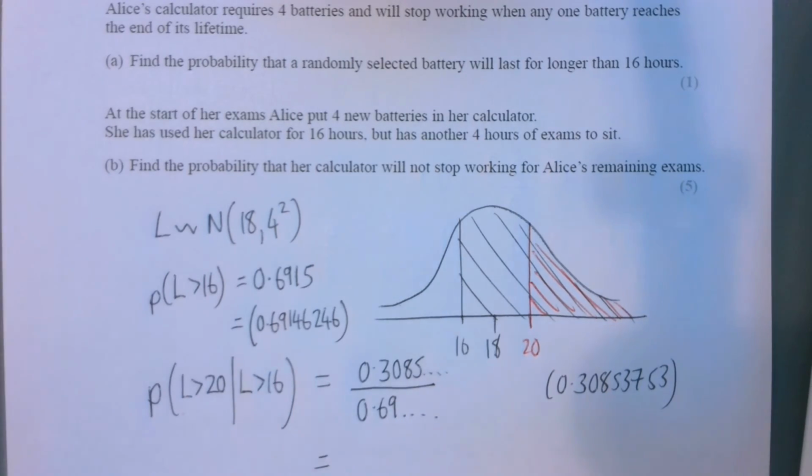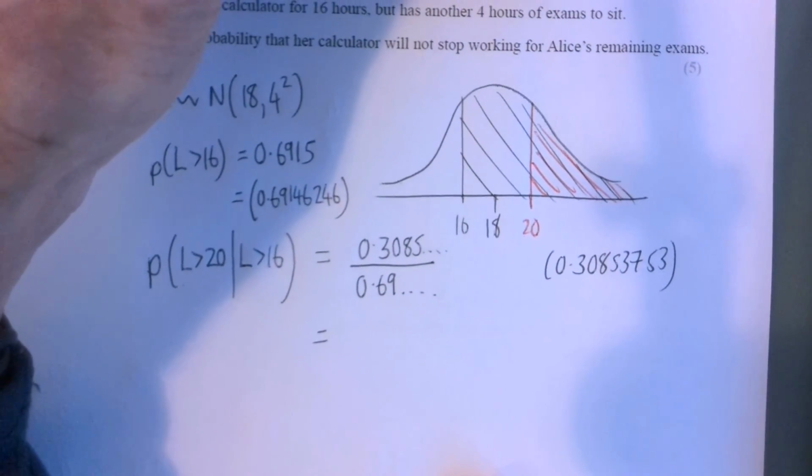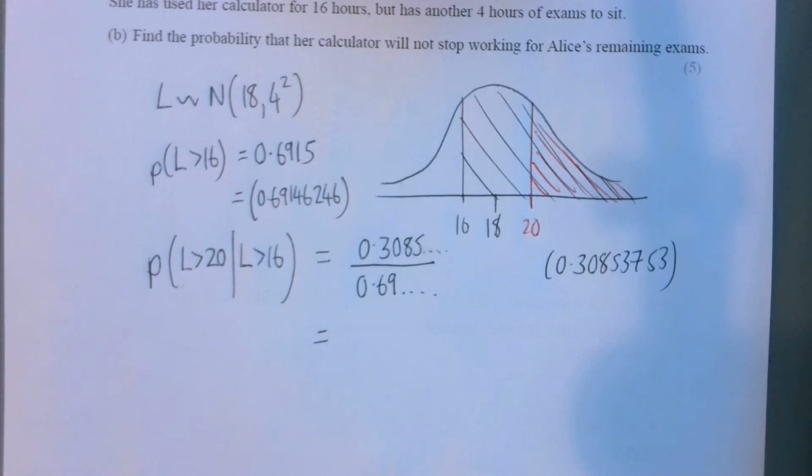Of course this is a rounded value, but it's a bit more accurate. So I've got 0.30853753 divided by 0.69146246.